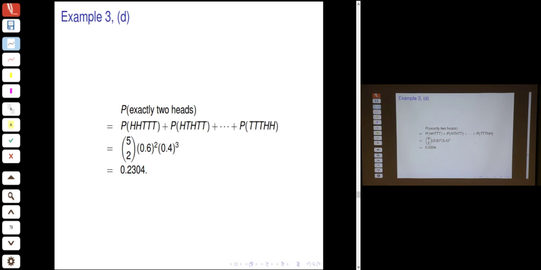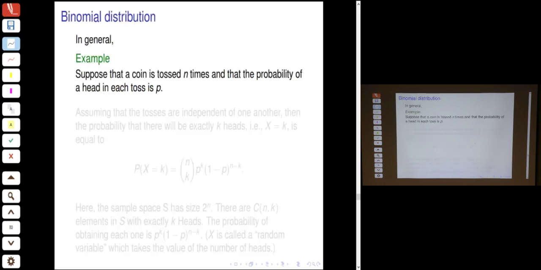Each of the items happens with probability 0.6 squared, which means the 2 heads, followed by 0.4 to the power 3, because these are the probability of having tails 3 times. So altogether it is this, so you get that. Okay, so more terms.